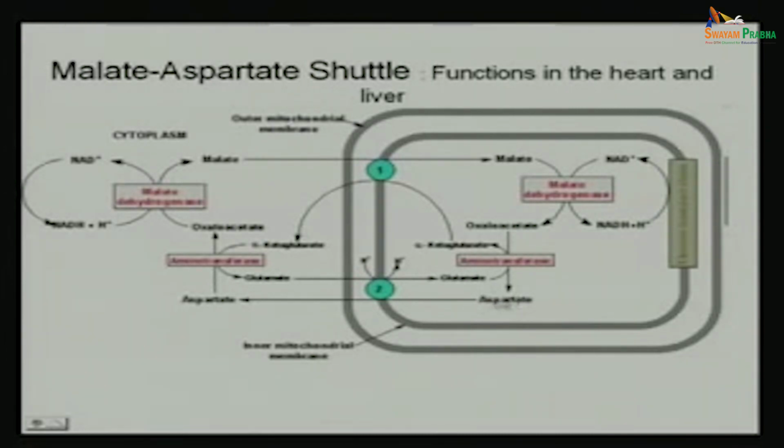Aspartate, as soon as it is produced, comes to the cytosol, and here in the presence of the aminotransferase, once again oxaloacetate is formed and it is converted to malate, and malate goes inside the mitochondria, and in this way the TCA cycle continues. The glutamate donates its amino group and alpha ketoglutarate is formed, and this alpha ketoglutarate once again comes to the cytosol of the cell and is converted to glutamate, and this way the shuttle goes on.